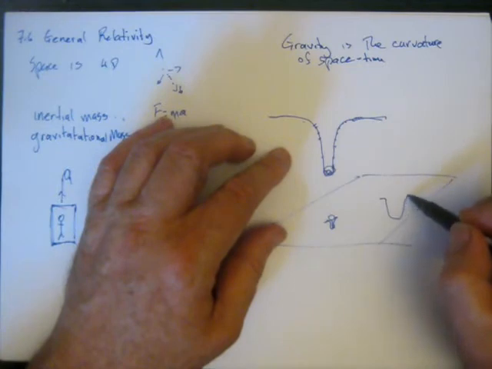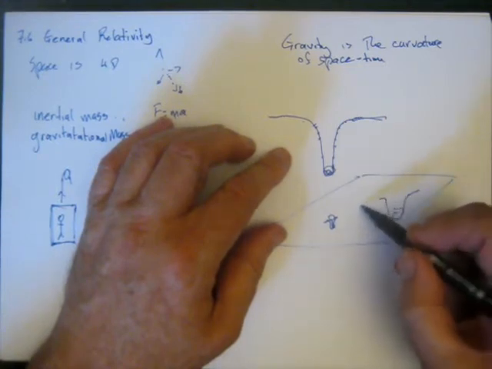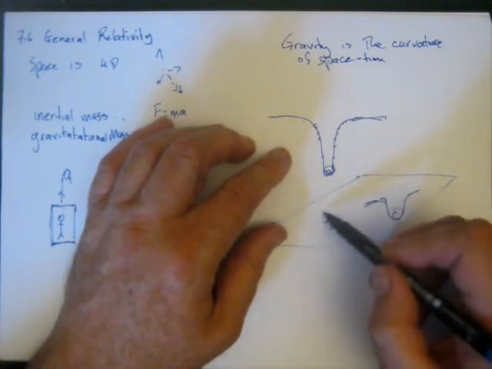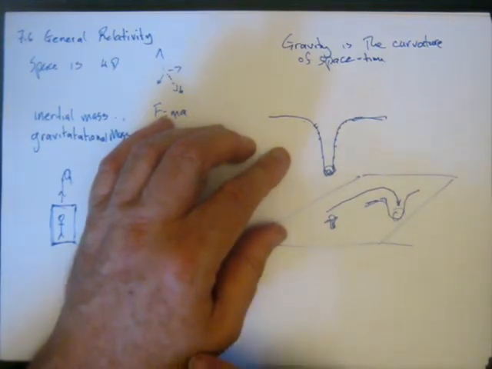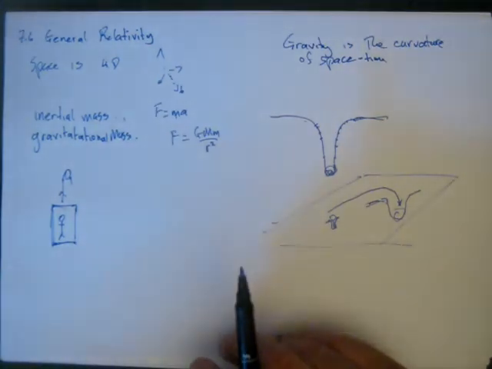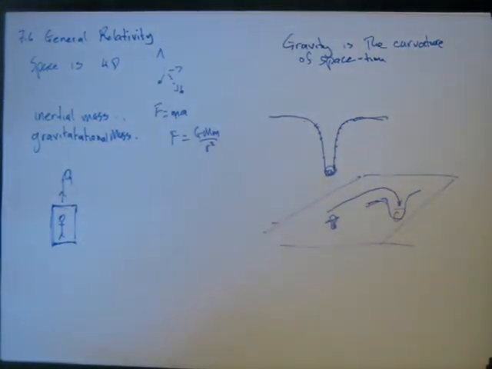If you drop a shot put on here, you'll get a big hole. And if you roll the marble past, it'll fall down that hole. Isn't that cool?